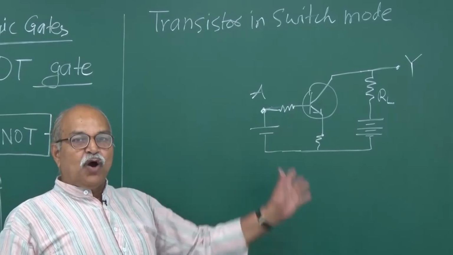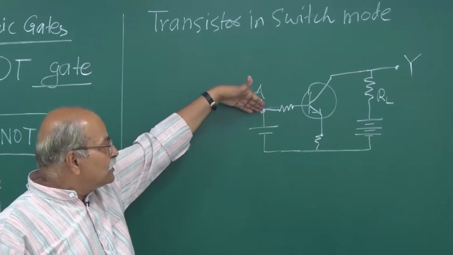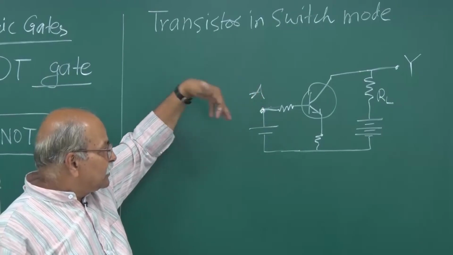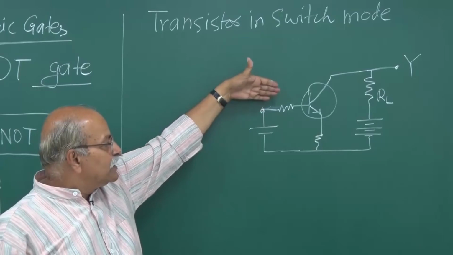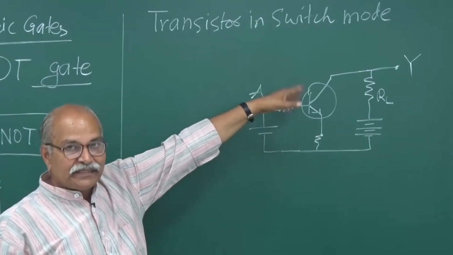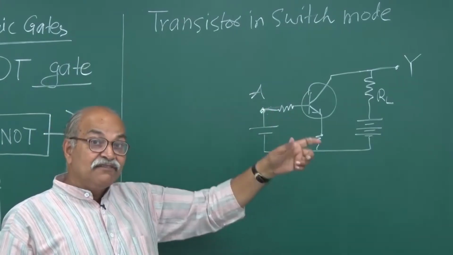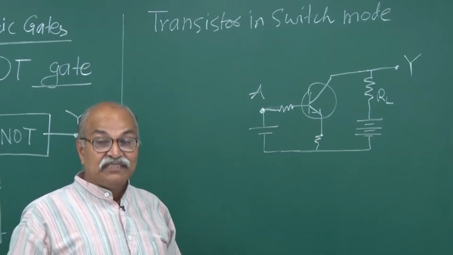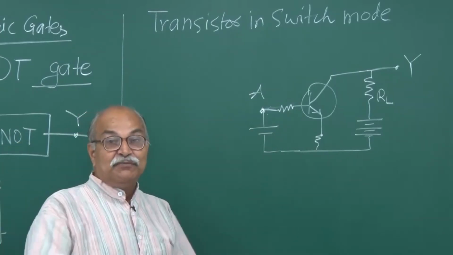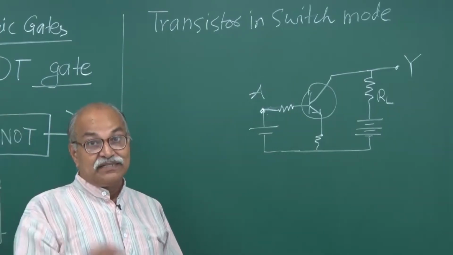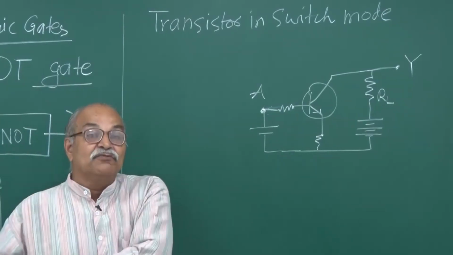If you operate it as a switch, that means this voltage is given high. Suppose you give 5 volts here, then the base-emitter junction is forward biased, and this is sufficient to drive the transistor into saturation mode. You have cutoff mode, you have saturation mode, and in between you have the active mode, the linear region. So it should be in saturation mode or in cutoff mode.